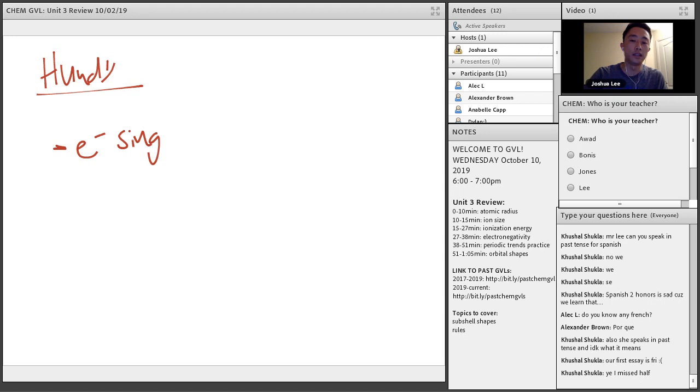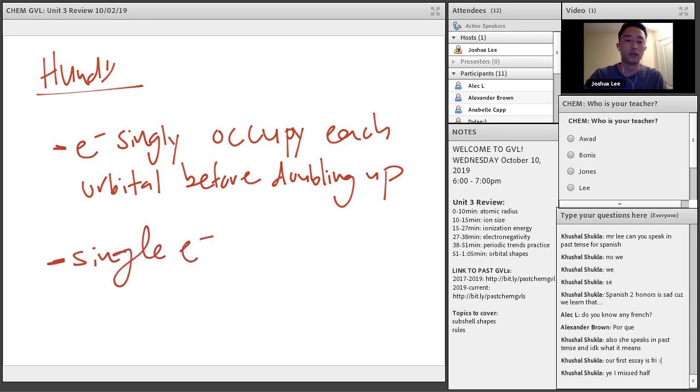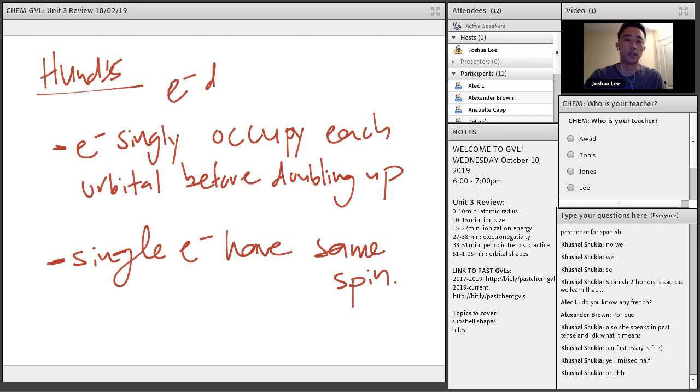Electrons will singly occupy each orbital before doubling up, and single electrons have the same spin. That's Hund's rule. This is the one where electrons don't like each other.